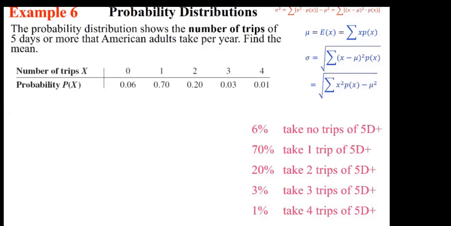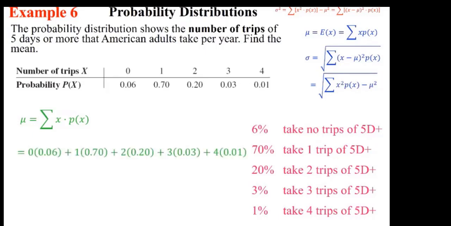So now let's calculate mu, which is the summation of x p of x. That means multiply the top row by the bottom row. So 0 times 0.06, 1 times 0.7, all the way to the end. We add them up, and that gives us 1.23.